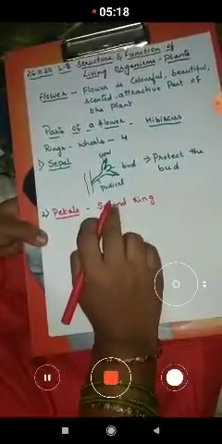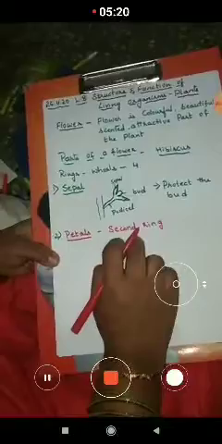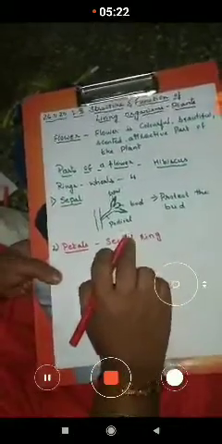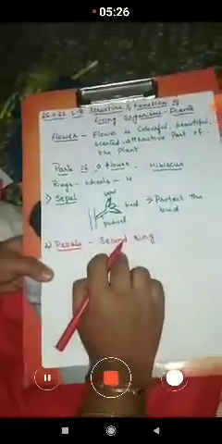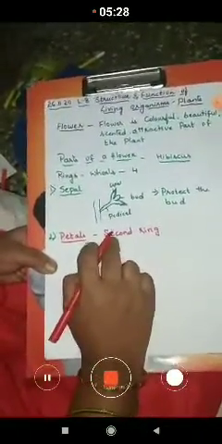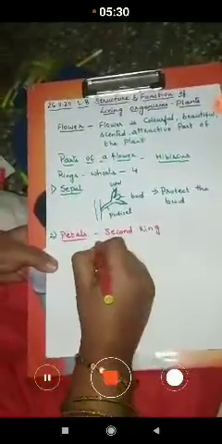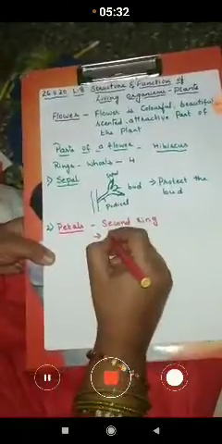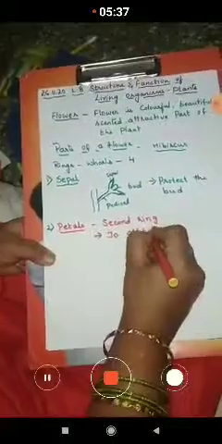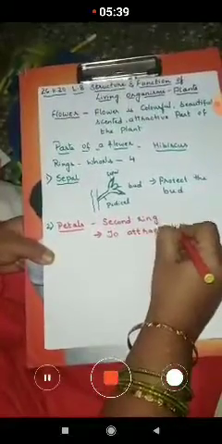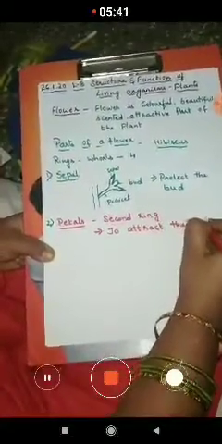It is brightly colored, and it is also scented, having a good aroma. And why is it colorful, why is it scented? Because the function of the petal is to attract the insects, children, for the process of pollination.